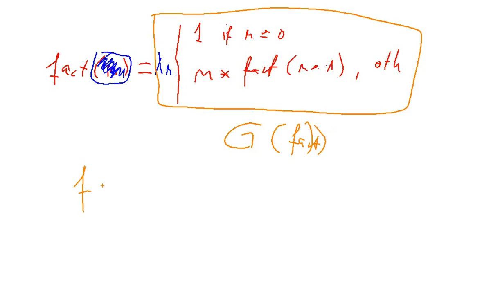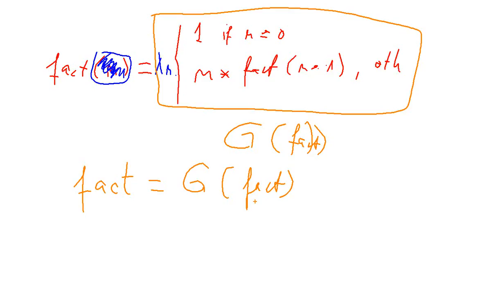So now what this definition says is that fact is g of fact. Do you see a resemblance? Previously I had x equals f x, right? So look at this as an equation. We're very used to looking at this as a function definition, a recursive function definition. It's an equation, right?